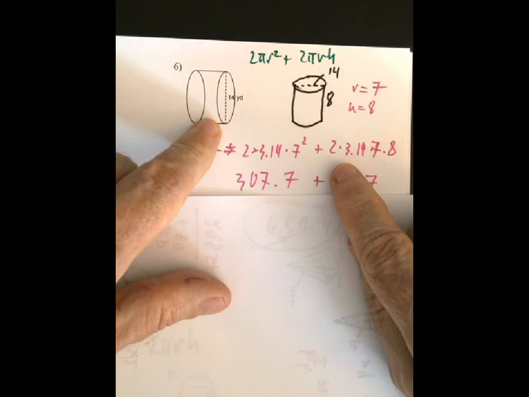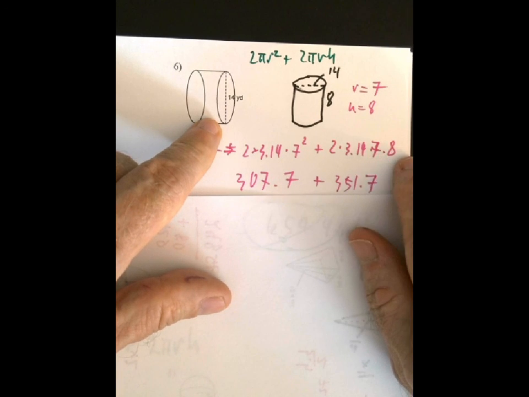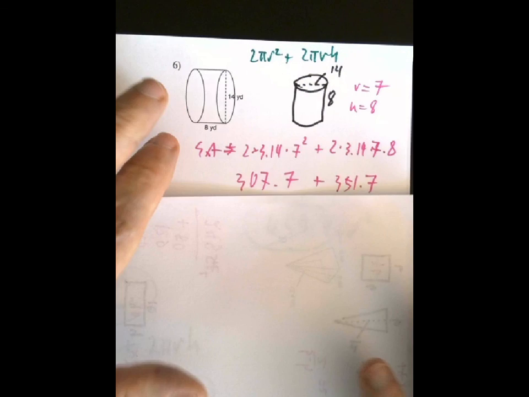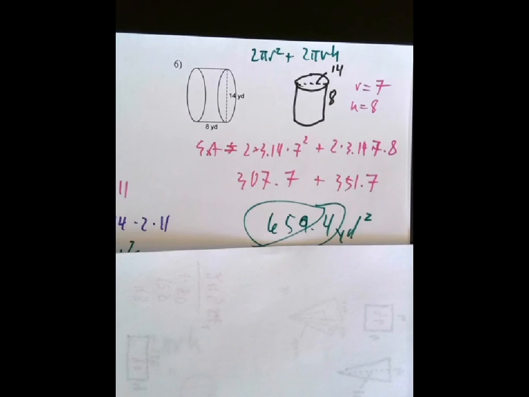And then 2 times 3.14 times 7 times 8 gives us 351.7, rounded off. We add them together, and that's 659.4 square yards. Because the area is always squared.